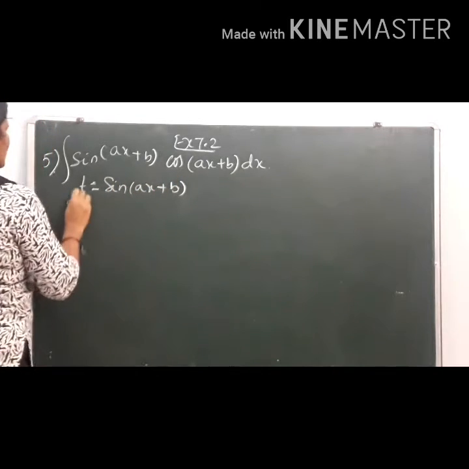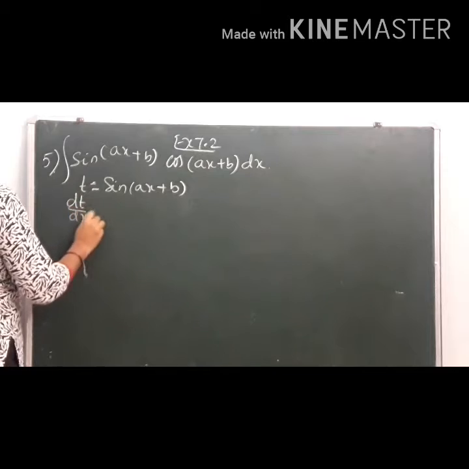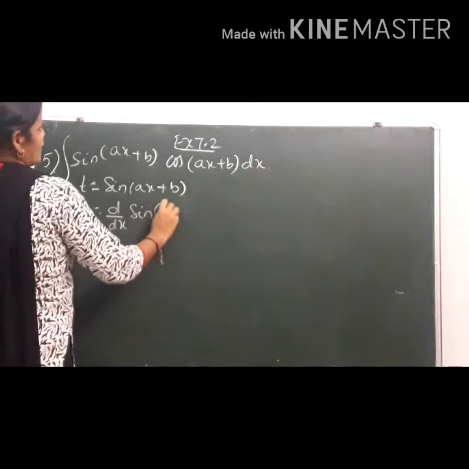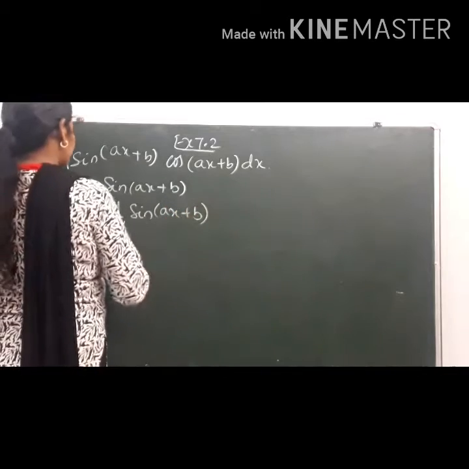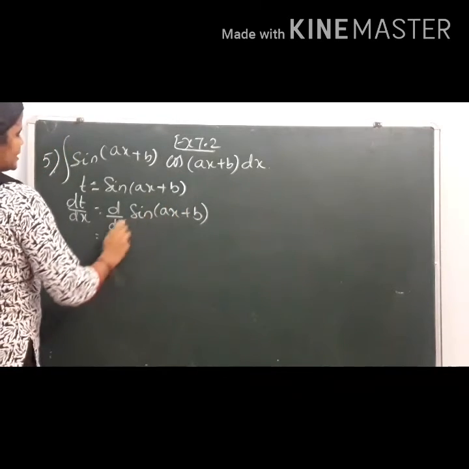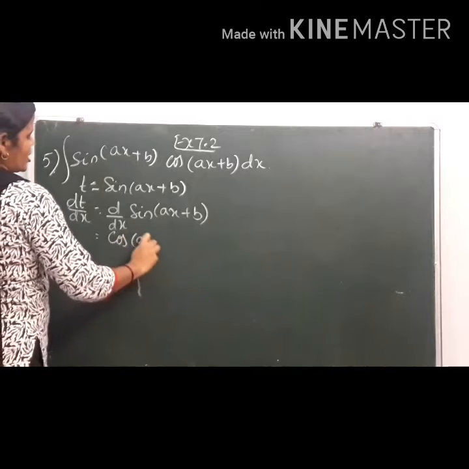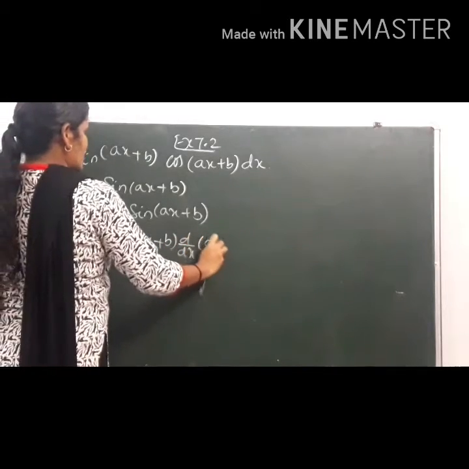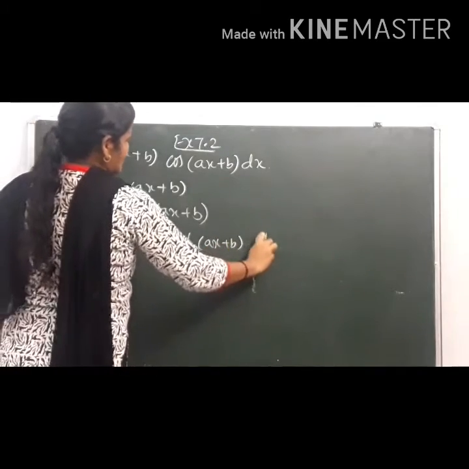So differentiate with respect to x: dt upon dx, that is d upon dx of sin of ax plus b. So what will we get? That is cos of ax plus b, and the differentiation of ax plus b, this is the chain rule. Chain rule.